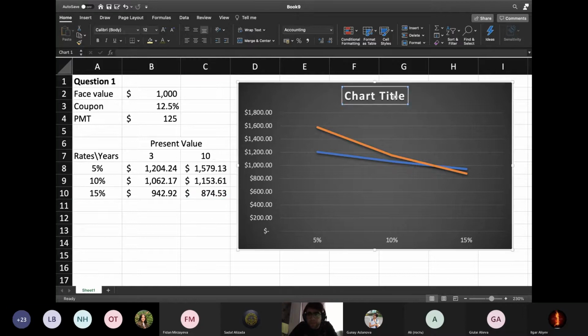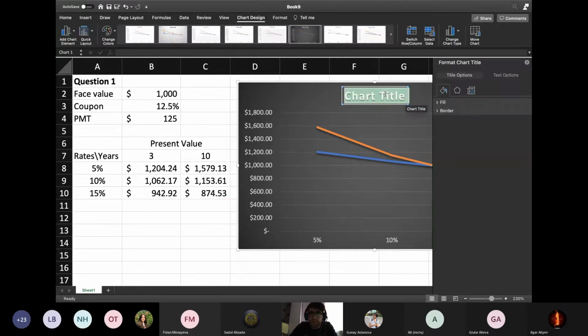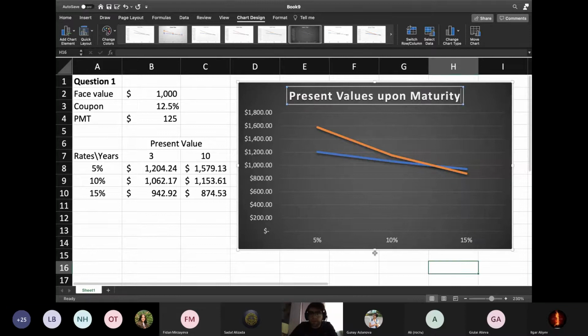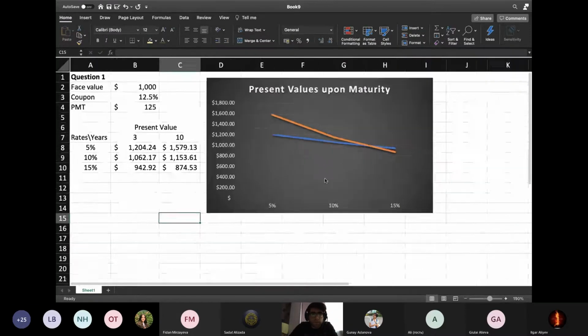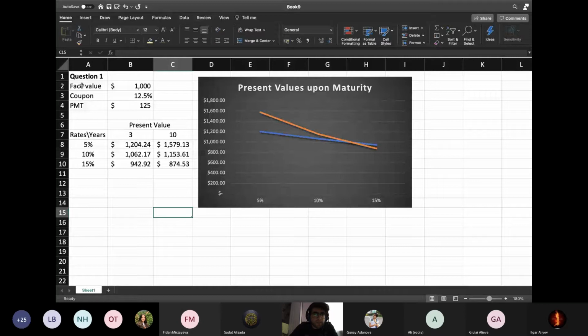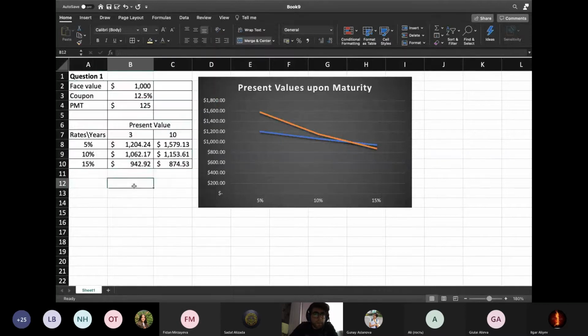And this chart explains it better in this case. Present values upon maturity. Okay. So that's what question 1 is asking from us. Any questions?